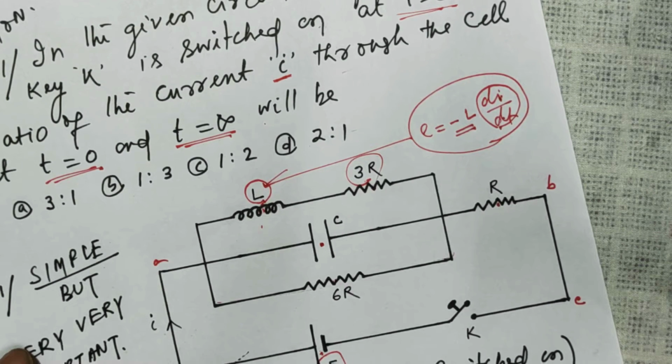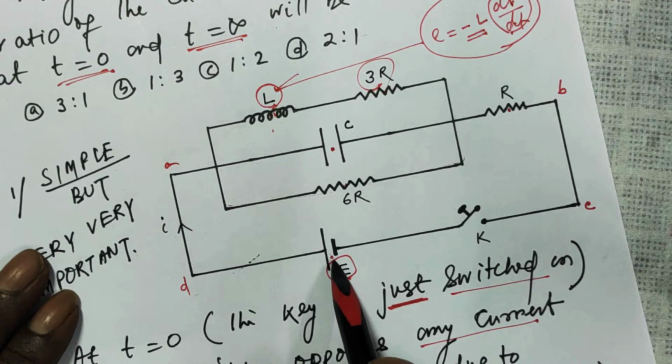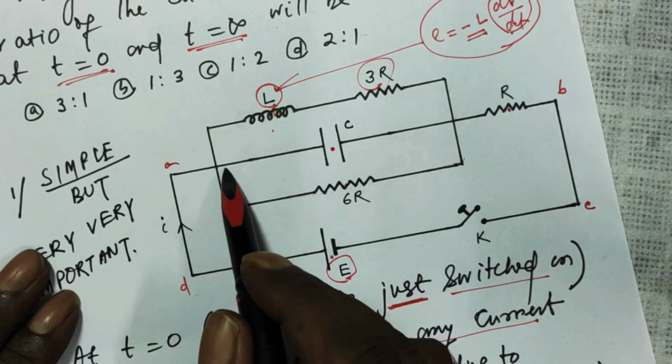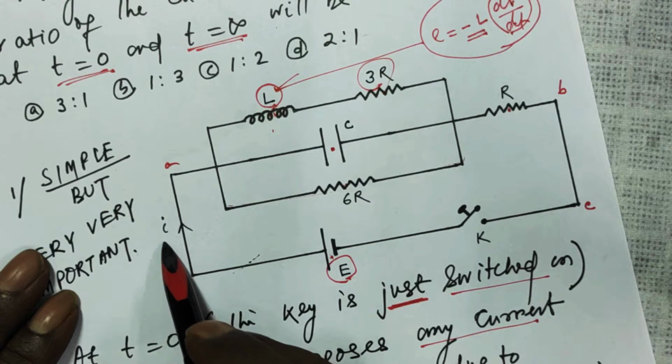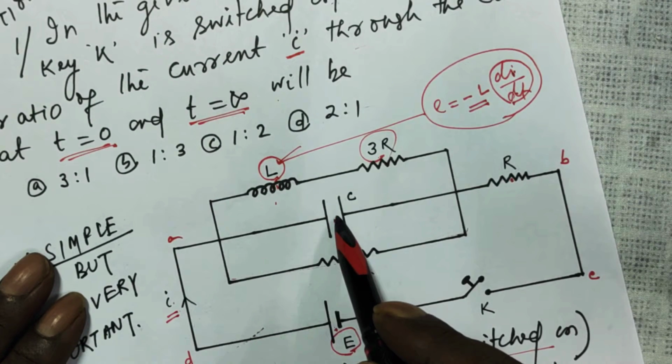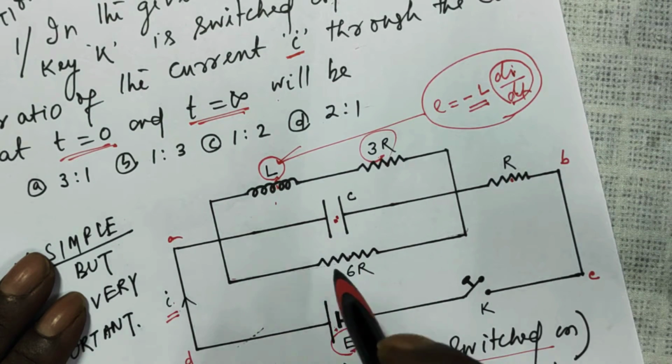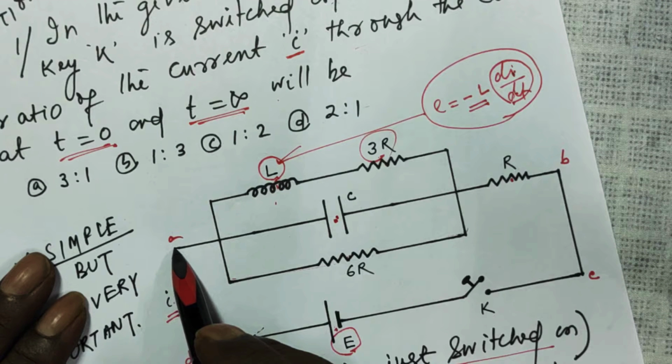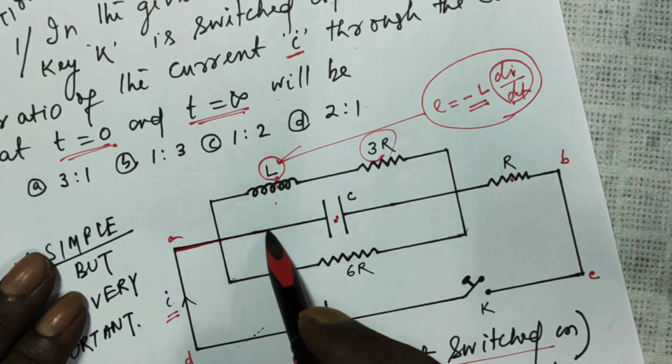Current, if you call it, is a source of EMF. If you think this is a river, then the water is flowing like this, and the flow of water you can compare with the flow of charge, that is current. Since this house is at a lower level, water will flow fast to the lower level.